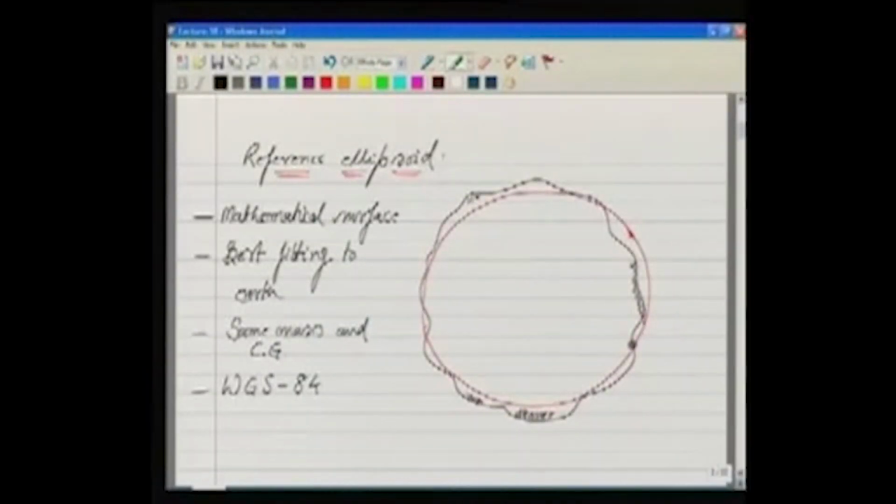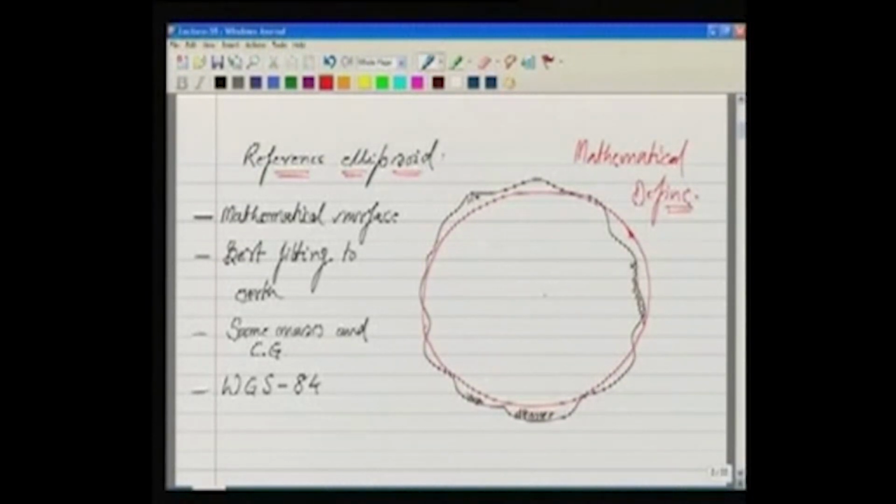So what we are doing on that undulating earth, we are fitting an ellipsoid, which is the best fitting ellipsoid to it. So let us say this red line here is the ellipsoid, and we say this is the reference ellipsoid, because this is an ellipsoid, it's a mathematical surface, and we can define it using its parameters.